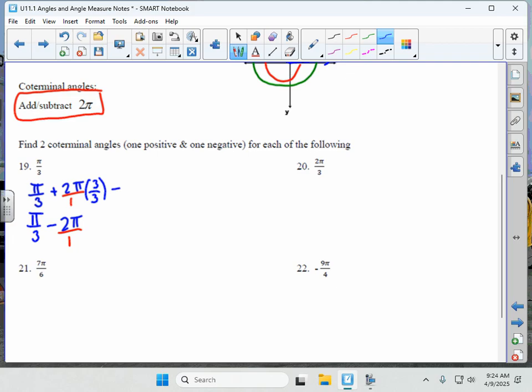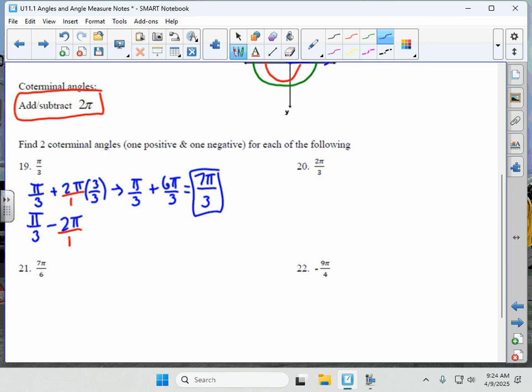All right. So now we have pi over 3 plus 6 pi over 3. And with fractions, we keep the denominator the same and add or subtract the numerators. So 1 pi plus 6 pi is 7 pi. So 7 pi over 3 is a positive angle that's coterminal to pi over 3.